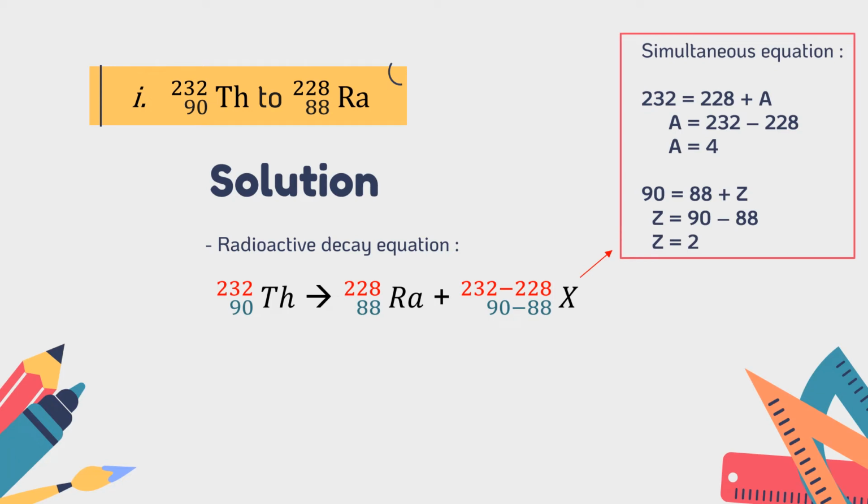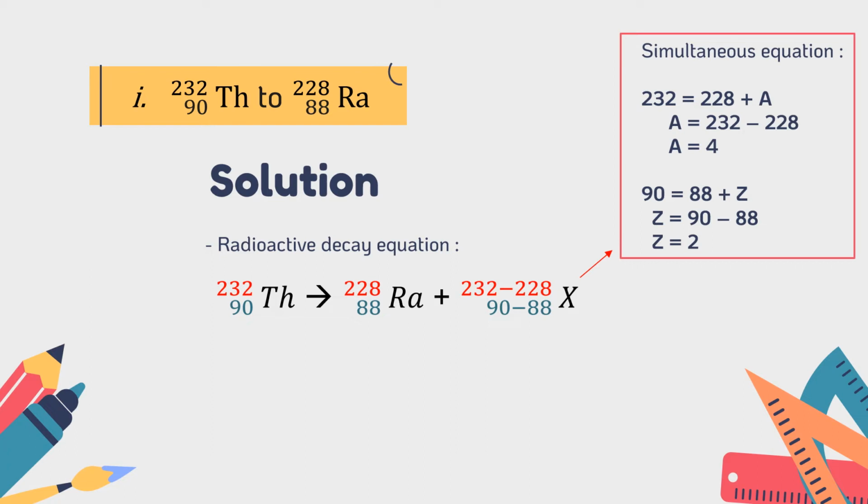Thorium-232 will decay into radium-228 plus X. Since we do not know what radioactive radiation is emitted, we will use simultaneous equations to find the nucleon number and the proton number. Okay, let us go for the nucleon number first.